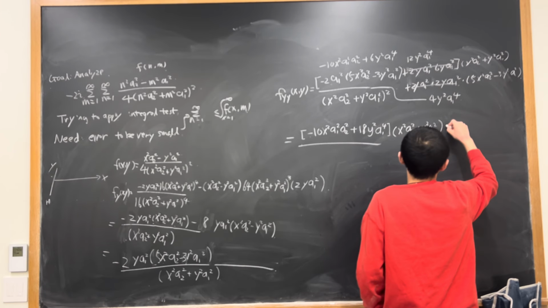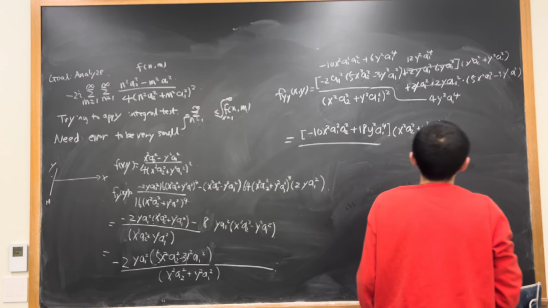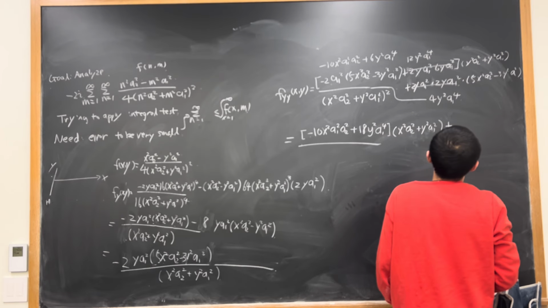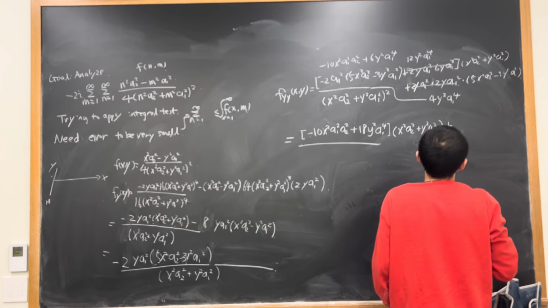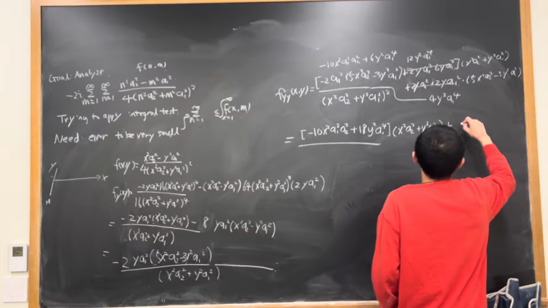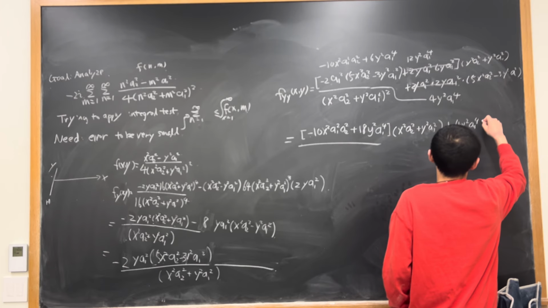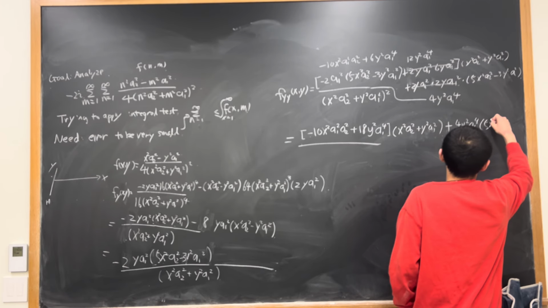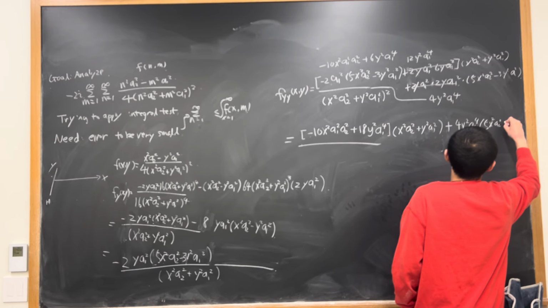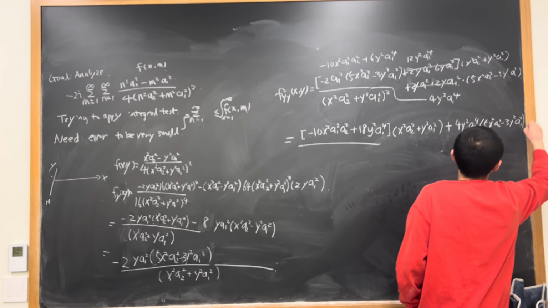So now you have this one plus, I can write out 4y squared a1 squared times (5x squared a2 squared minus 3y squared a1 squared).